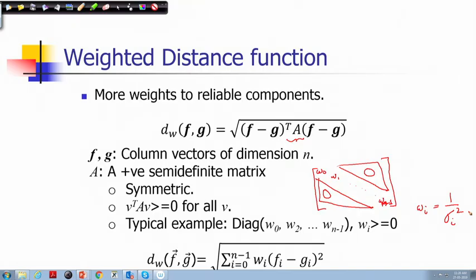If it has more variability, we give less weight; if it has less variability, we give more weight to define this distance. So, this could be one such policy while defining these distances. One typical example of a weighted distance function is Wi equal to 1 by sigma i square, where sigma i is the standard deviation of the ith component, considering the statistical distribution of the ith component of these vectors.